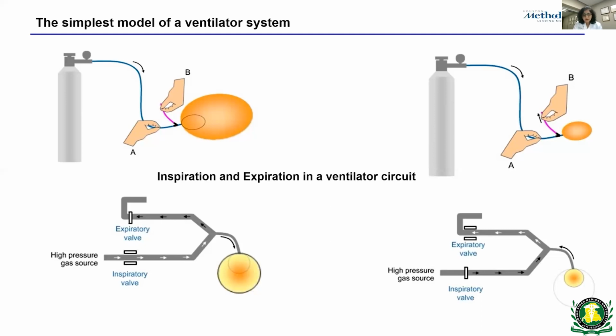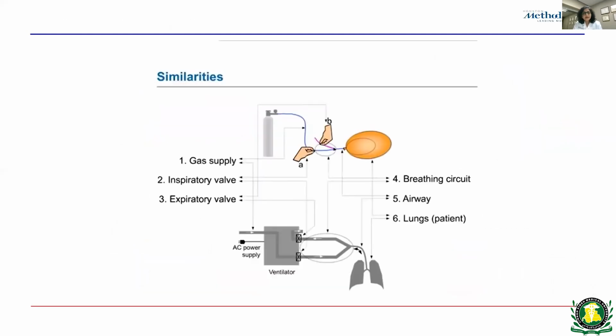Now, this balloon model is highly comparable to a real ventilator system. The cylinder in the model corresponds to the high pressure gas supply provided in the ventilator system as shown here. Actually, a ventilator system needs supply of two gases, high pressure oxygen and high pressure air.